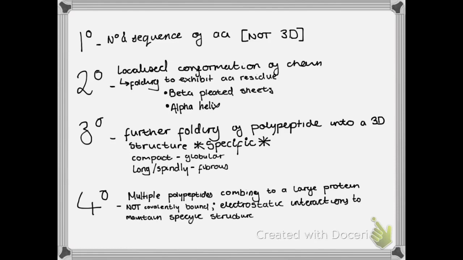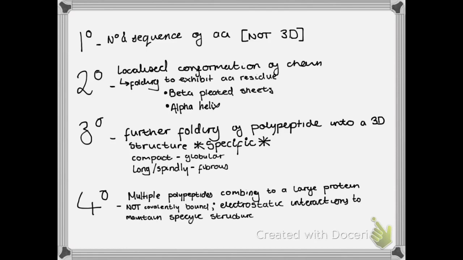This occurs through folding into beta-pleated sheets and alpha helixes due to the different charges on amino acid groups and their interactions. You've got tertiary, which is further folding of a polypeptide, but this time it is into a specific three-dimensional structure. These can be compact and globular, or long and spindly, which are fibrous.